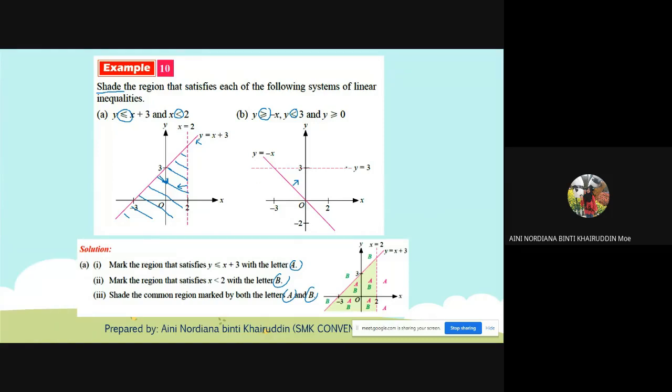This line, so to the below. Okay. X greater than 0, y greater than or equal 0.